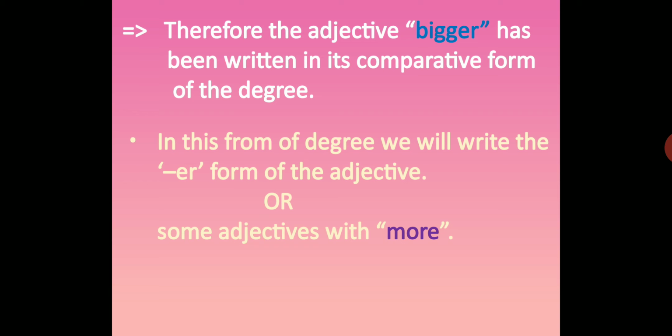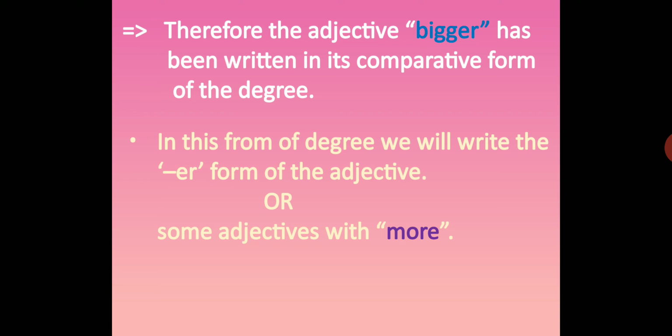In this spelling, we add er, and one more change is that the G became double. We write two G's and then add er. When this kind of change is made in an adjective, then the adjective is called to be in its comparative form. So bigger is the comparative form of the degree.